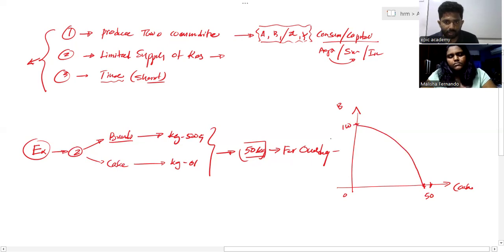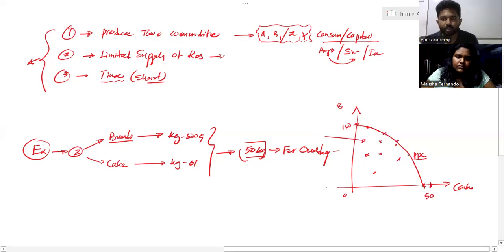We call that area the acceptable region. Why? Behind the PPC, the production possibility curve, you can produce any amount or any point. On the line, this is the maximum point.